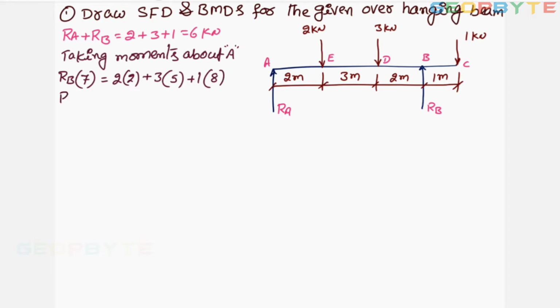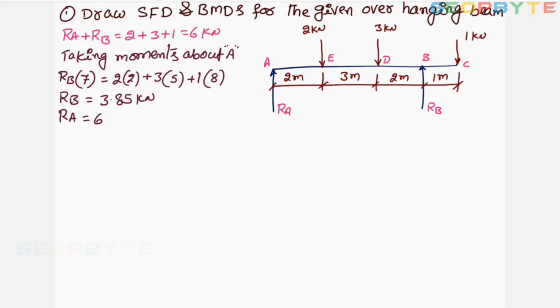Simplify this value to get RB. I got the answer 3.85 kilonewtons.